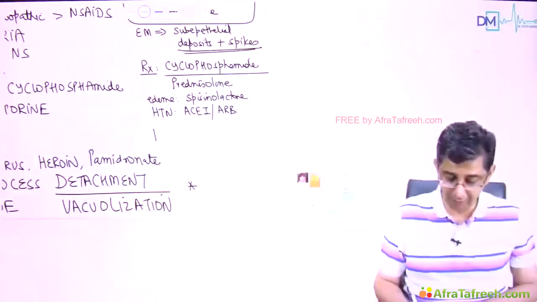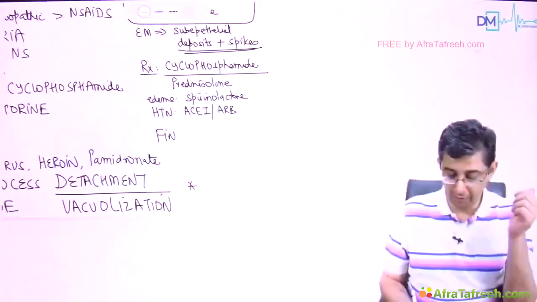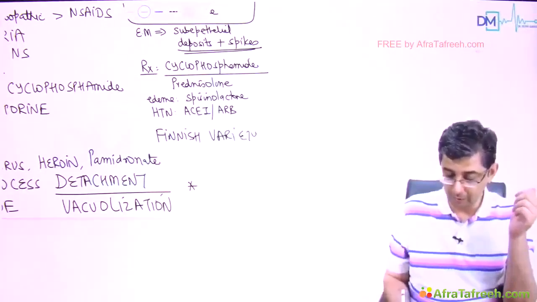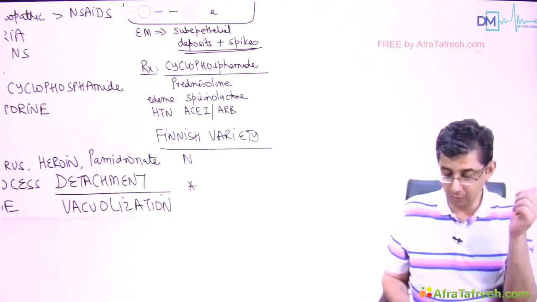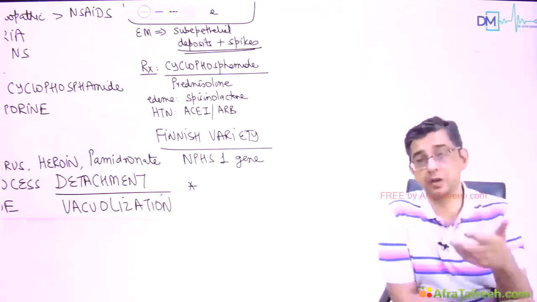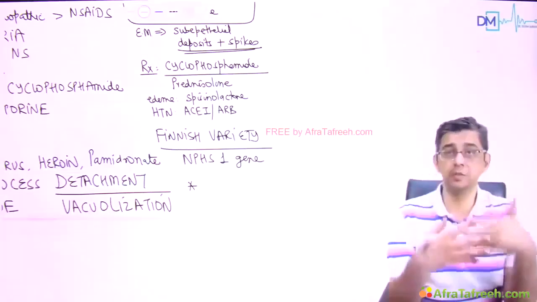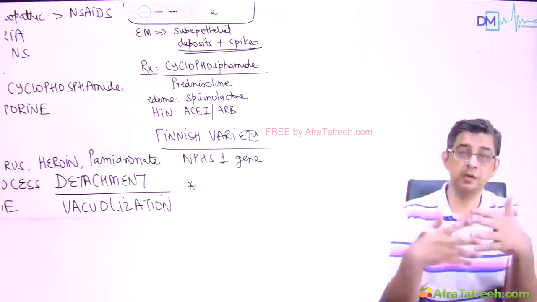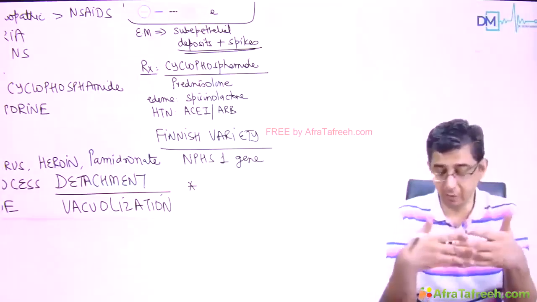For the pediatric part, I can just mention the Finnish variety of nephrotic syndrome, which is encountered in newborn children. You would have the NPHS1 and NPHS2 genes. NPHS1 is related to nephrin, NPHS2 is related to podocin. They form a zipper mechanism in the kidney. The basement membrane of the kidney is affected, so there is definitely proteinuria.